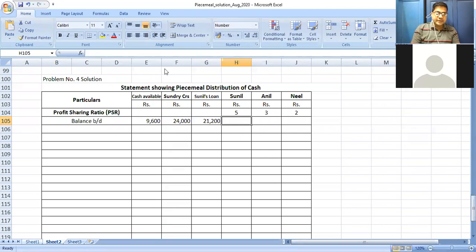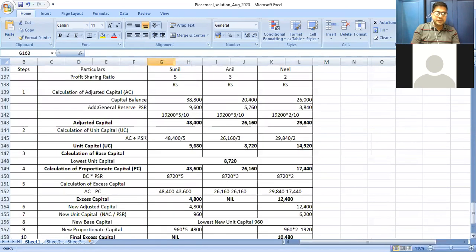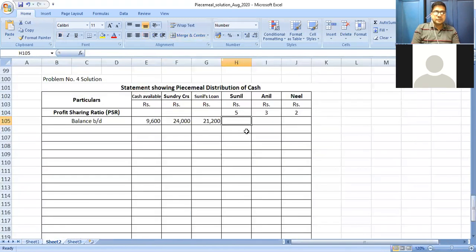You know that the adjusted capital we already got in our final excess capital. While calculating the final excess capital, the first step was adjusted capital, and the total adjusted capitals are 48,400, 26,160, and 29,840. These three adjusted capitals we will consider here while calculating the piecemeal distribution of the cash.